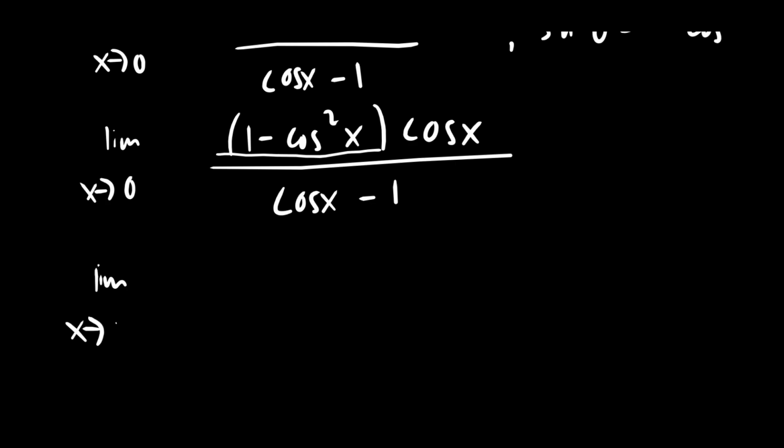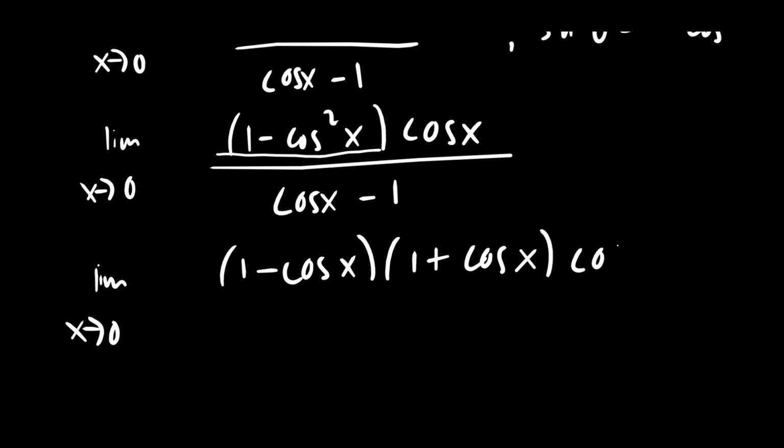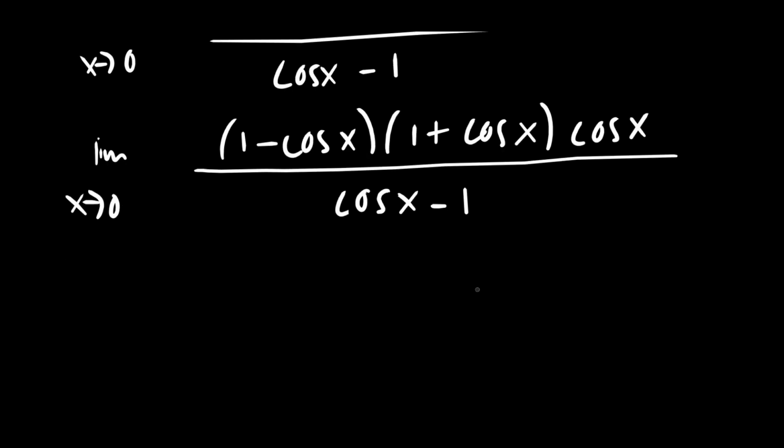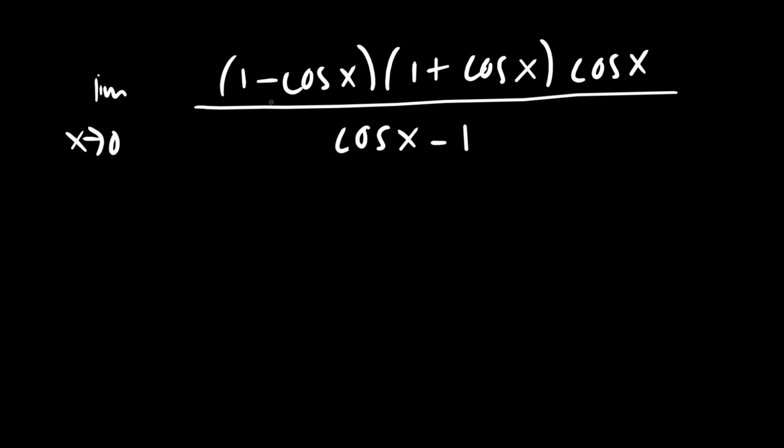Limit as x approaches 0 of 1 minus cos x multiplied by 1 plus cos x multiplied by cos x all over cosine x minus 1. Notice that cosine x minus 1 and 1 minus cosine x are equal terms up to a sign.